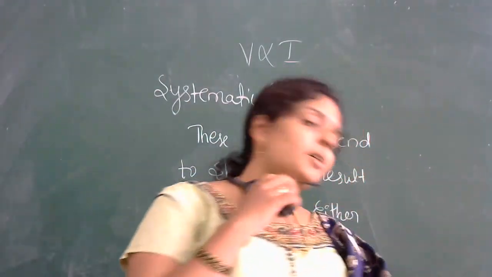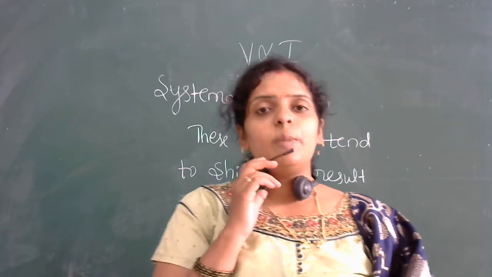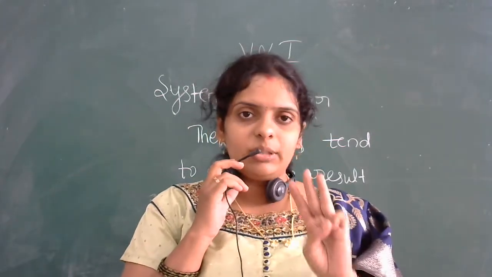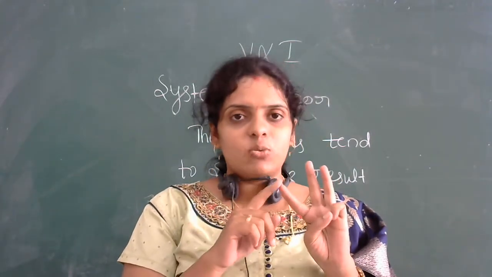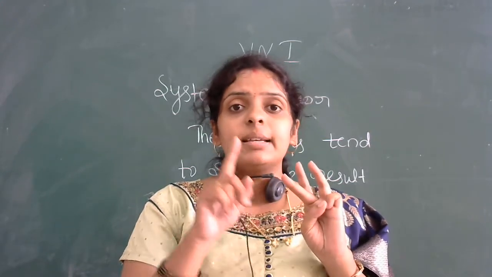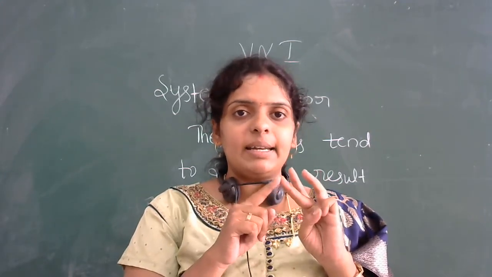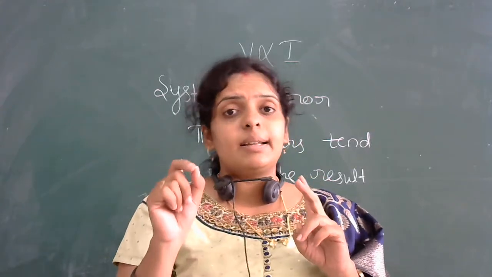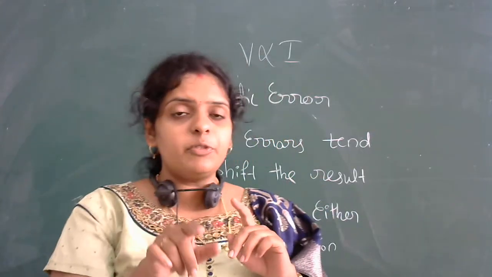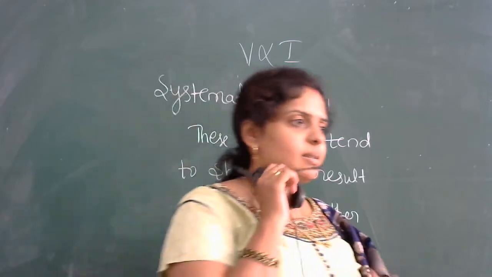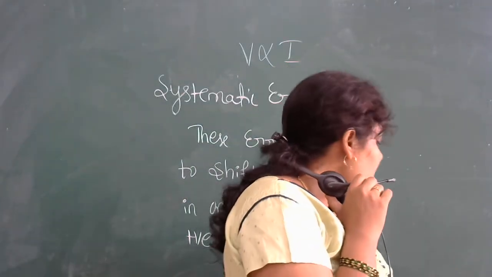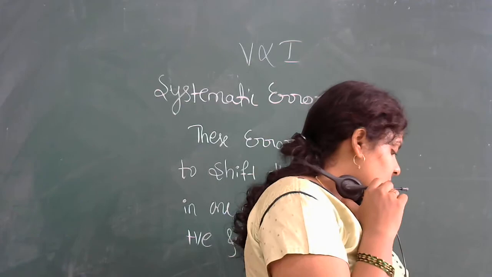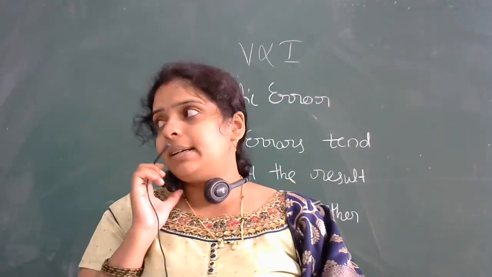That is known as personal error. So in systematic error we have three types. First one is instrumental error, second one is imperfection in the experimental technique, and third is personal error. Personal error occurs because of you people, because of the individuals. So this is nothing but your systematic error.